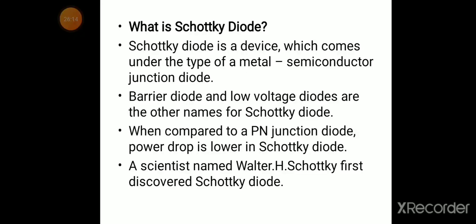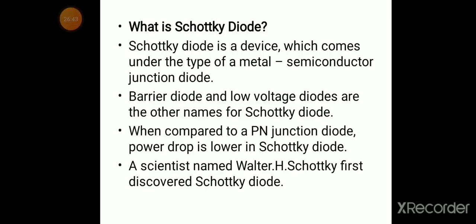Barrier diode and low voltage diodes are other names for the Schottky diode. When compared to a PN junction diode, the voltage drop is lower in the Schottky diode.